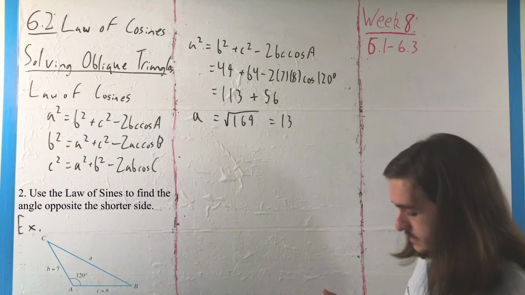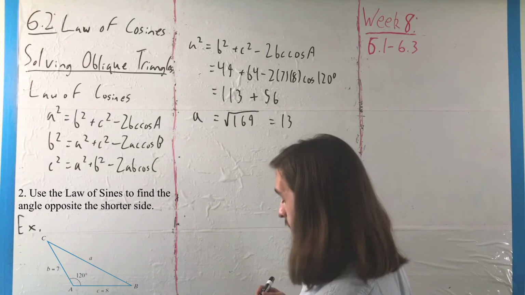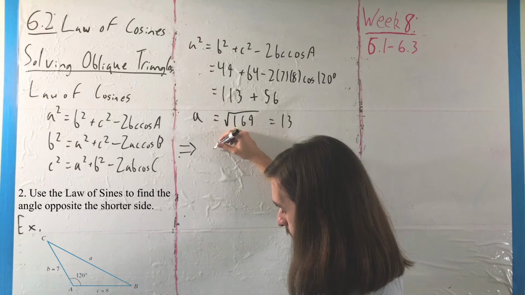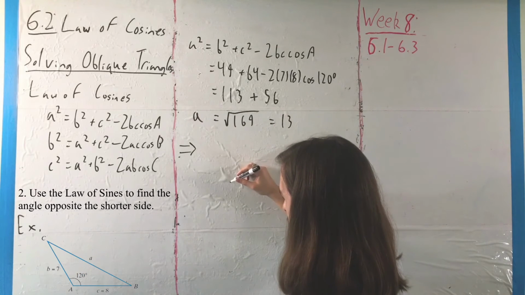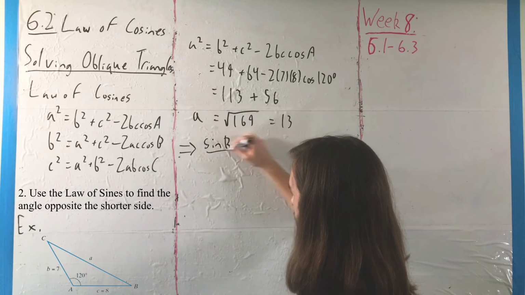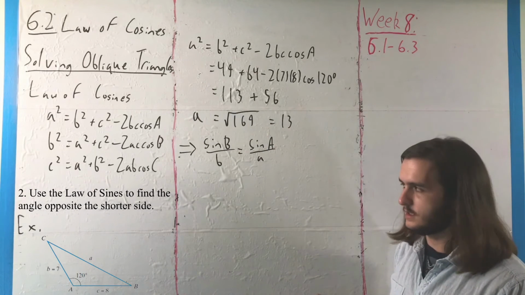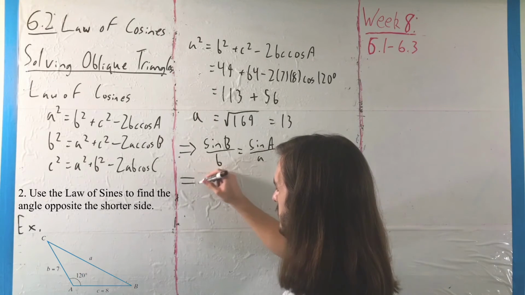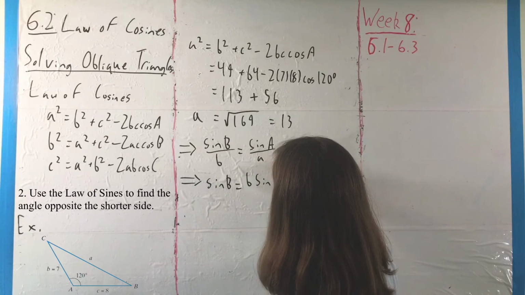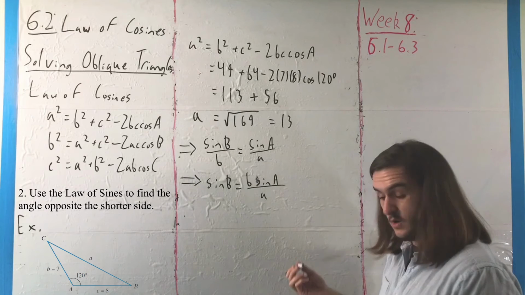Here, to get the value for angle B, we're going to use the relationship that we have from before, that is sine B over B equals sine A over A, flipping over the law of sines for the sake of simplicity, which turns into sine B equals B sine A over A.